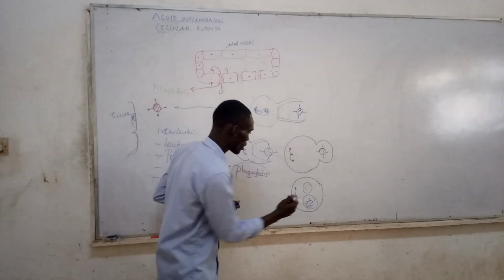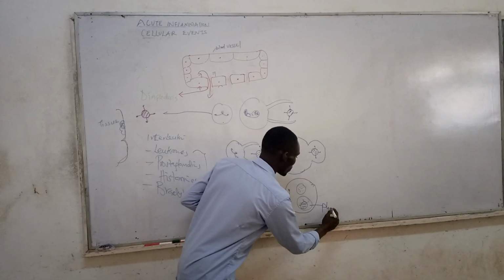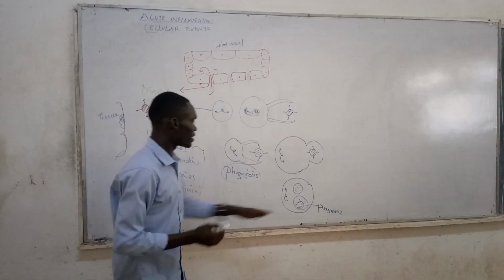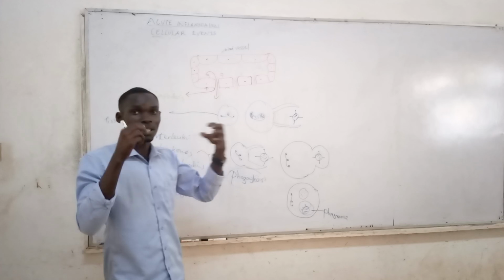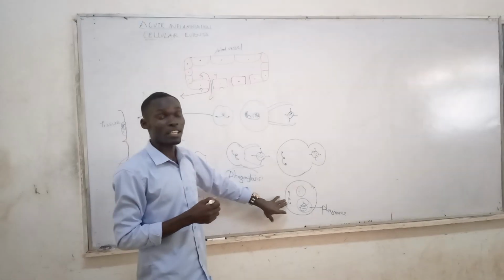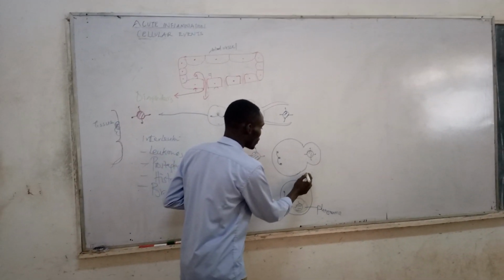So what do we call this one? We call this one a phagosome. A phagosome is a vesicle in which the bacteria has been enclosed. Then in the neutrophil, we have some lysosomes.